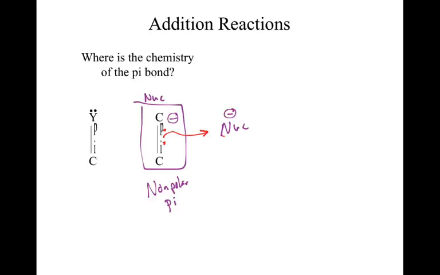One of the issues that then pops up is, not all pi bonds are between two carbon atoms. So we would end up under a different circumstance where we're now looking at polar pi bonds. What we want to think about is, how does that change the context of our reaction? Or does it change it?